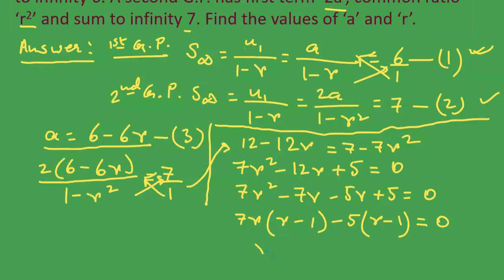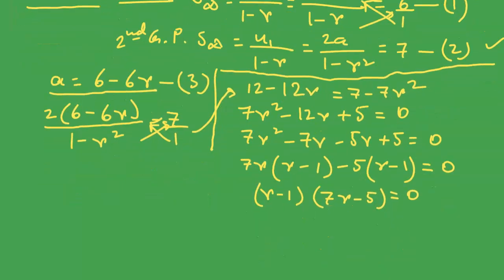So, it is R minus 1 and 7R minus 5 is equal to 0. Now, R cannot be equal to 1, so we have to discard this part. And from this part, we are getting the numerical value of R as 5 over 7, which is greater than negative 1, but is less than positive 1 and not equal to 0.